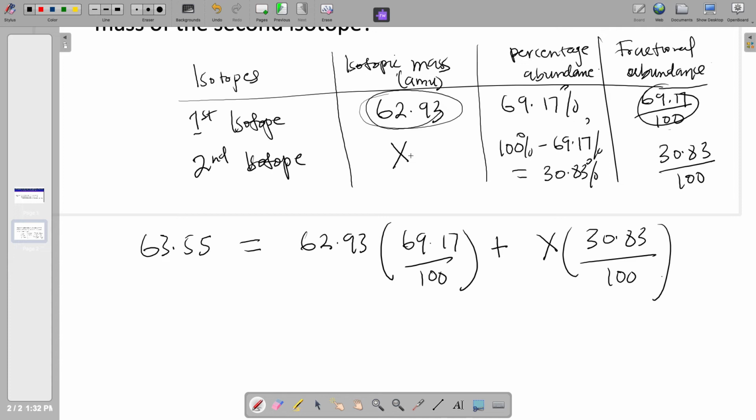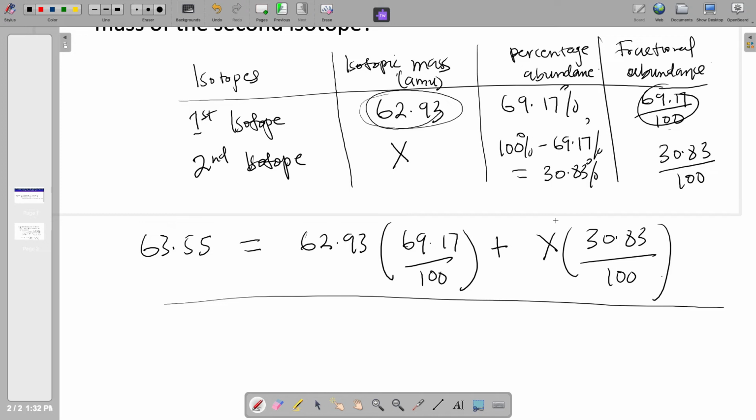And also, since the percentage abundance of the unknown isotope wasn't given, you have to recall that percentage abundance values always add up to 100. So you subtract what is given from 100 to get the percentage abundance value of the unknown. Then after that, you convert each percentage abundance value to fractional abundance by dividing by 100, as we have. So now we have our equation. So this is now our equation. So we just have to solve for x.